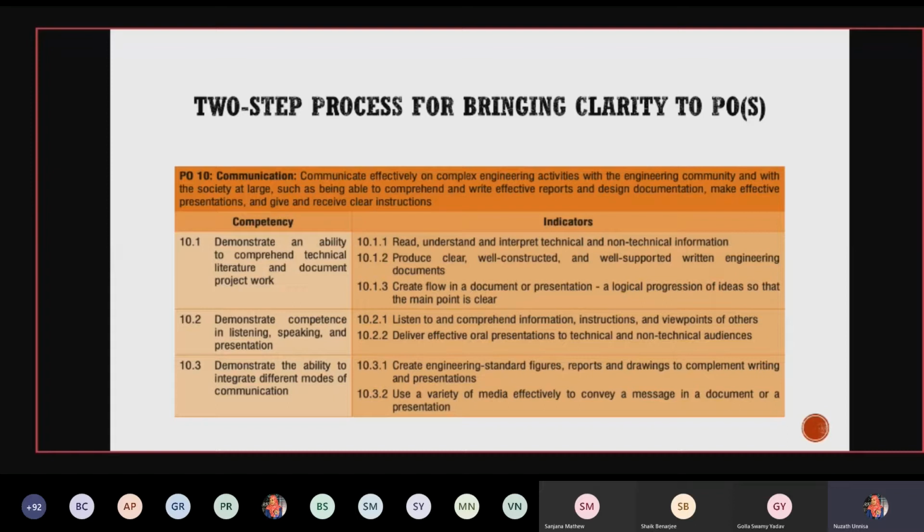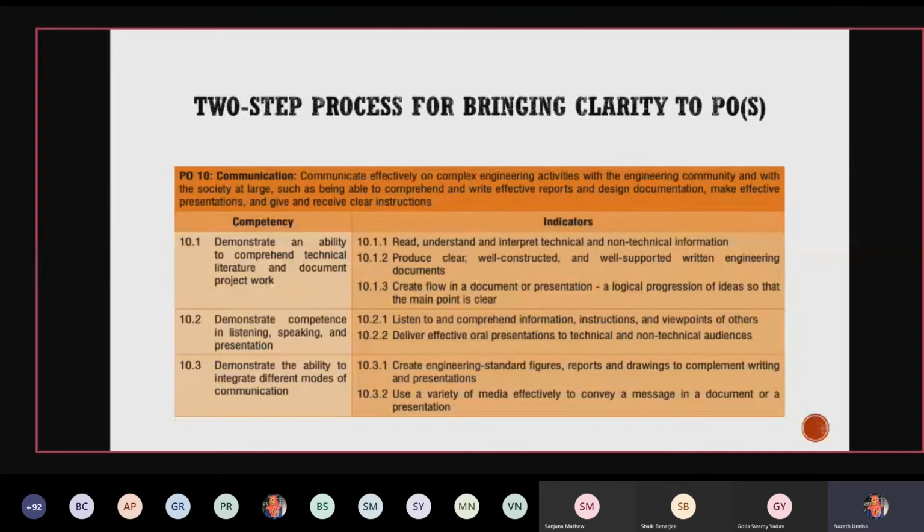Then moving on to the next competency, which is speaking, listening, and presentation skills. The performance indicators are to listen to and comprehend information, and then deliver it effectively with oral presentation to both technical and non-technical audiences.